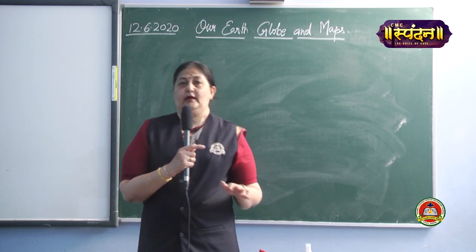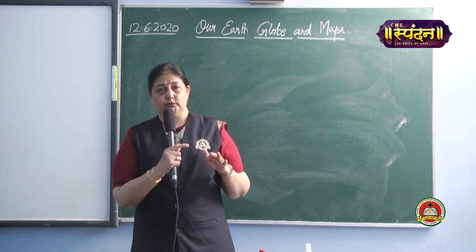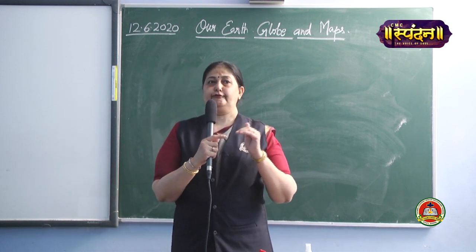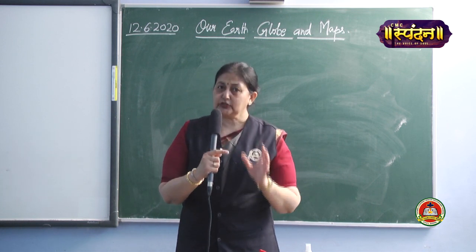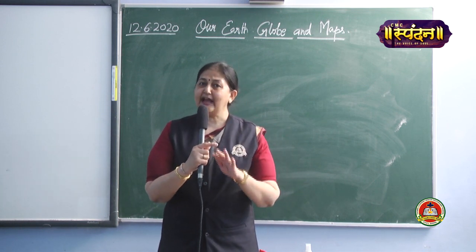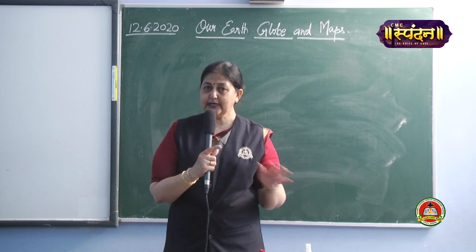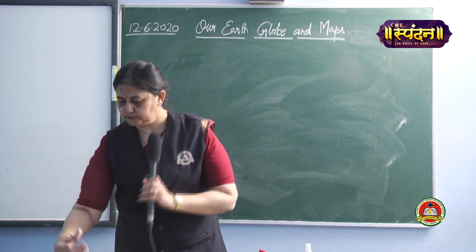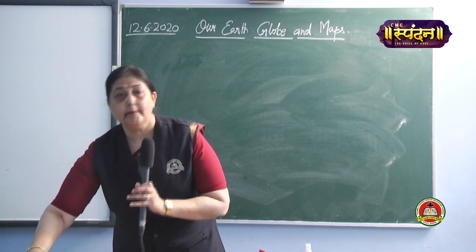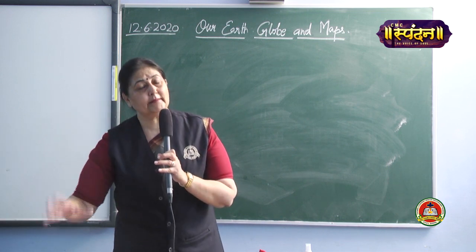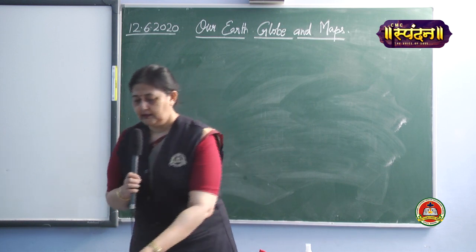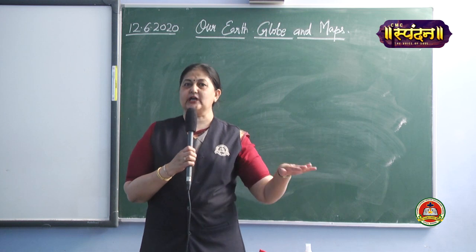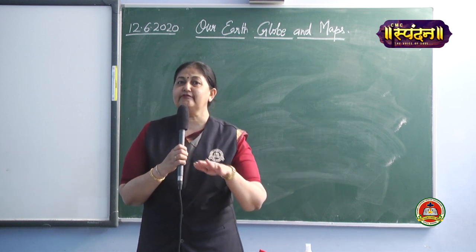Okay. Then children, maps. What are maps? Maps are drawing of the earth or a part of the earth on a flat surface. Alright? Now children, maps can be big, they can be small. We can see all the places on a map at the same time because they happen to be flat.